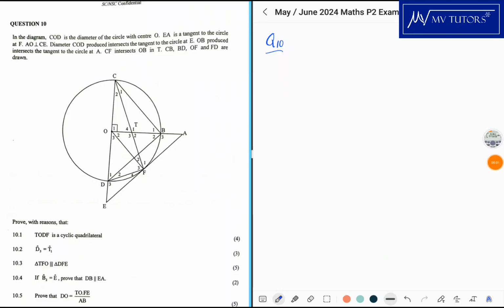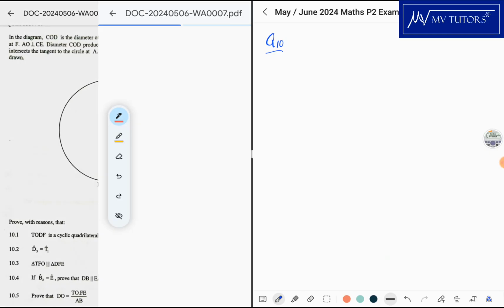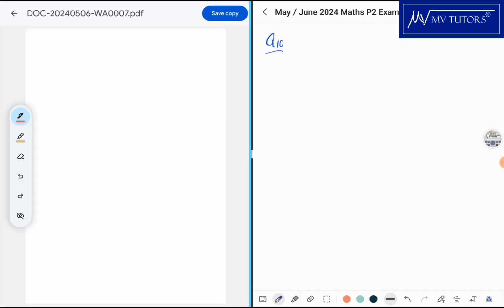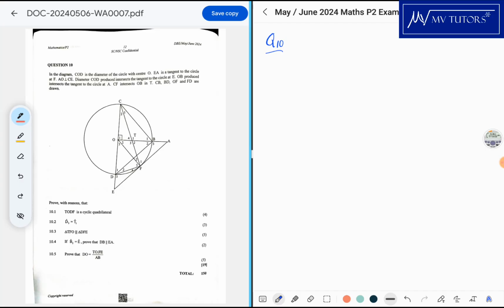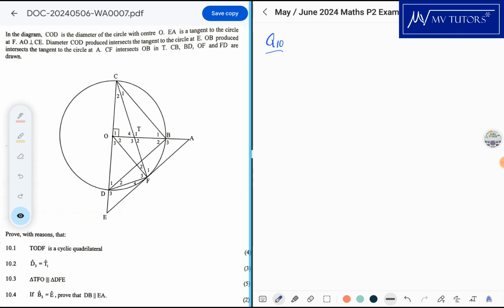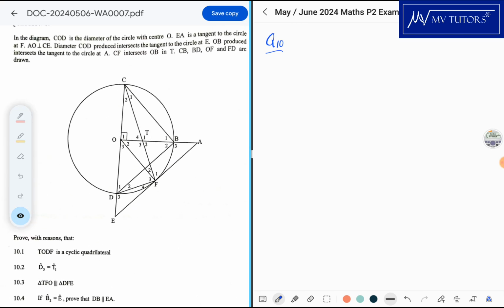We are finally here, question 10. Let's finish strong. In the diagram, COD is a diameter of the circle with center O. As soon as you hear diameter, you know that the angle that the diameter subtends will be 90 degrees. CD is a diameter.